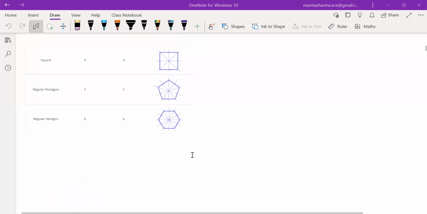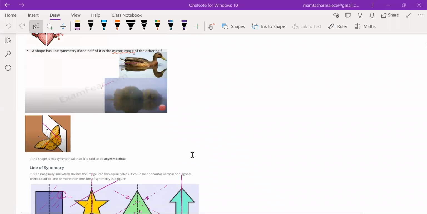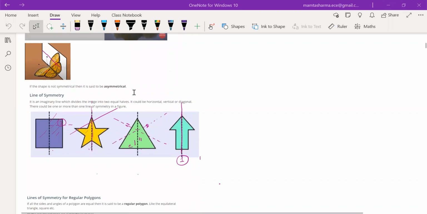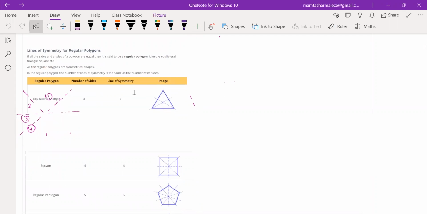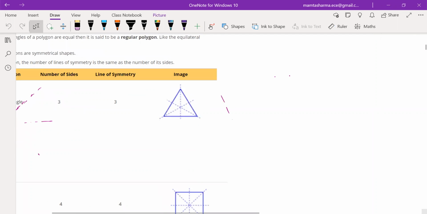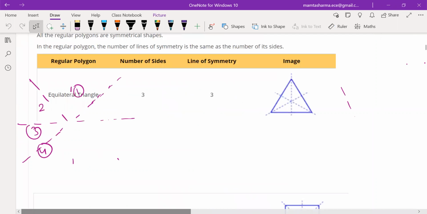Yes. Okay, so line of symmetry is clear, and we have seen these few examples. We have seen that in a regular polygon, the number of sides and the lines of symmetry would be equal.